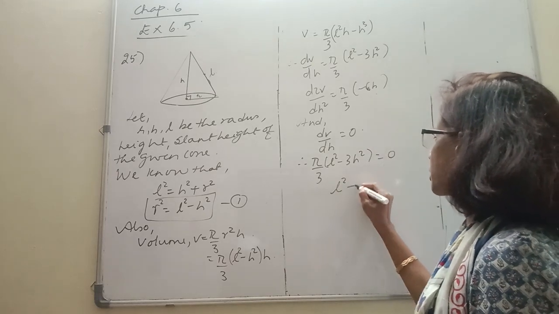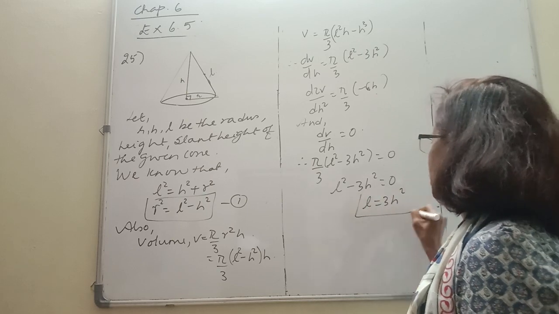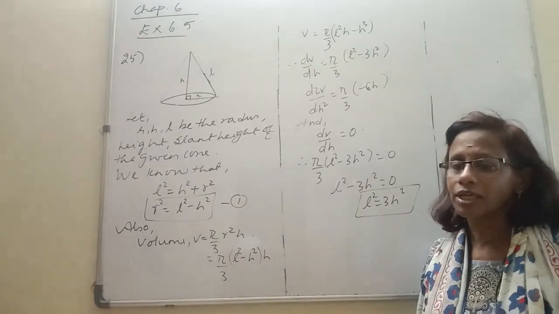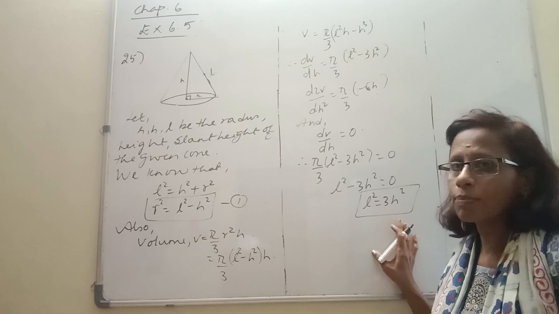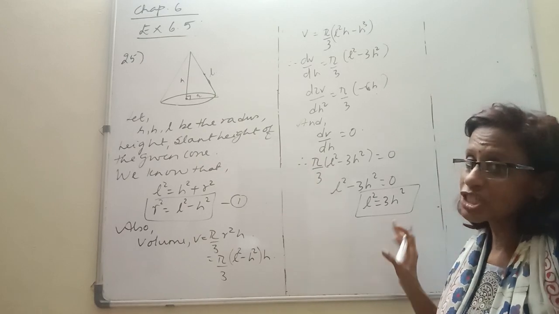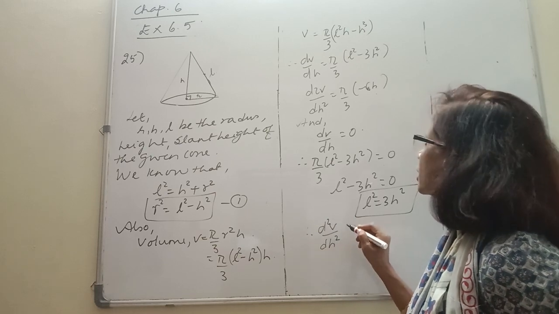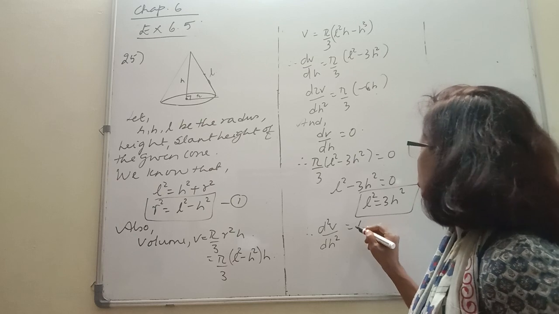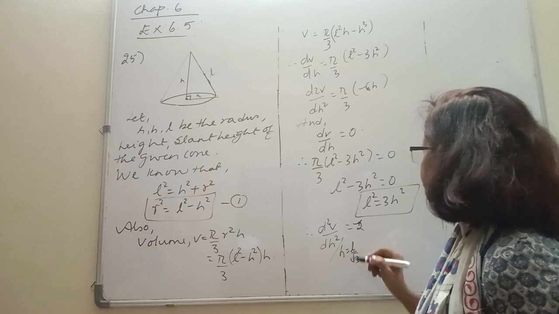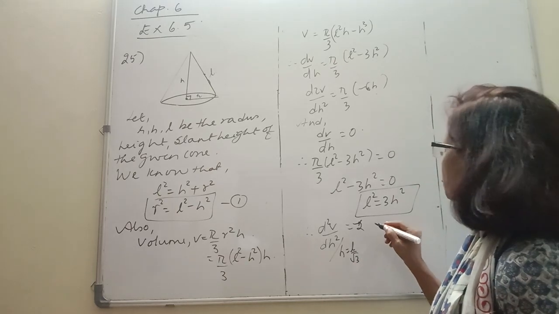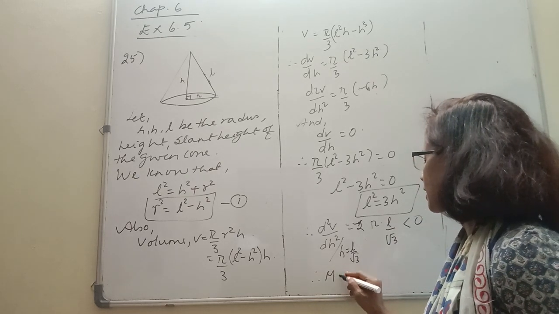Dividing both sides by pi over 3, you're left with l squared minus 3h squared equals 0, which makes l squared equal to 3h squared. So h equal to l over root 3 is actually your critical point. Let's treat this as the critical point and check the second derivative. d squared V over dh squared is going to be minus 2 pi h. At h equal to l over root 3, it is minus 2 pi times l over root 3, which is negative, and hence maxima occurs.